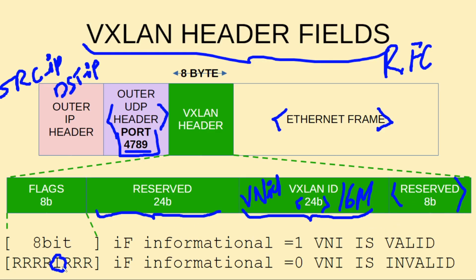This particular informational bit will be set to 1 if the contents of this field are valid. So if it is set to 0, the receiving device should ignore whatever is included in this field.